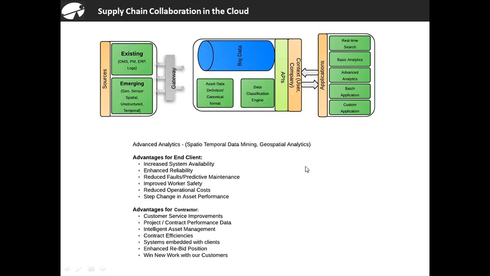So from a maintenance point of view, there are a lot of benefits to this approach, meaning using one system during both construction and maintenance. You've got increased system availability. If you've got a system that is deployed on site, there's something called predictive maintenance, to find out what's going to fail before it fails.